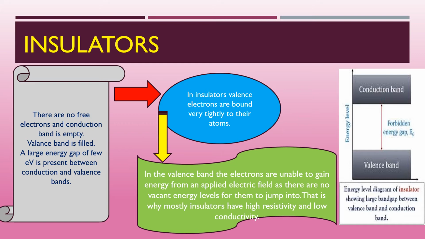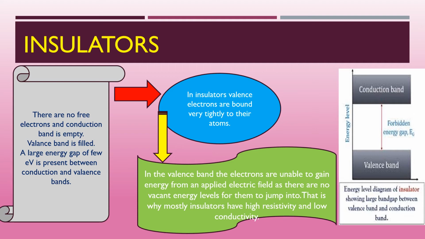So it is practically very difficult for the valence electrons in the valence band to get excited to such an extent that they can jump across this forbidden energy gap and occupy some position in the conduction band. We know that thermal excitation is a random process, so sometimes an electron may get an energy boost, but the band gap in an insulator is so great that the probability of an electron jumping into the conduction band and then becoming a useful charge carrier is virtually zero.